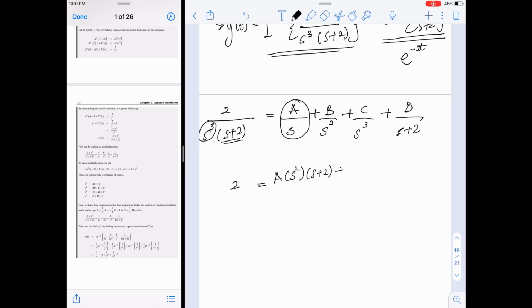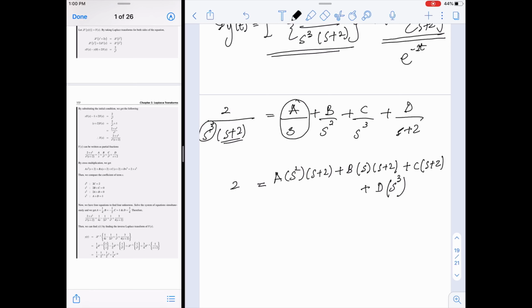For B, we already have s squared, we are lacking s and s plus 2. What about C? We already have s cubed, so we need to multiply with s plus 2. And for D, we already have s plus 2, so we need to multiply with s cubed.